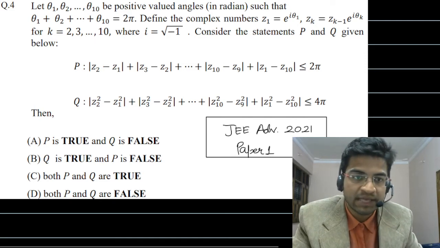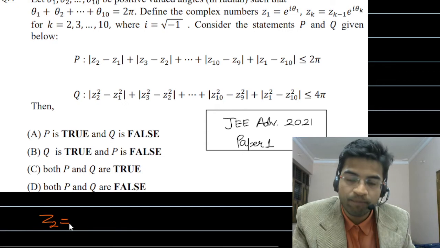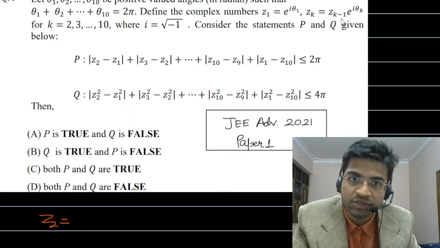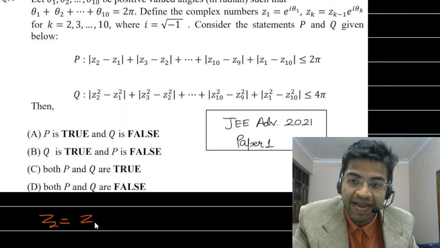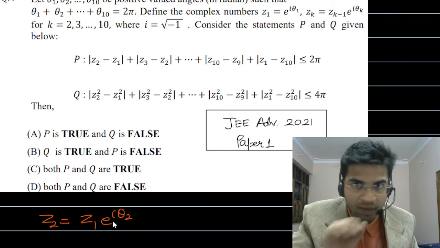If you replace k by 2, z2 will be equal to z1 e^(iθ2), and not 1. Fine.